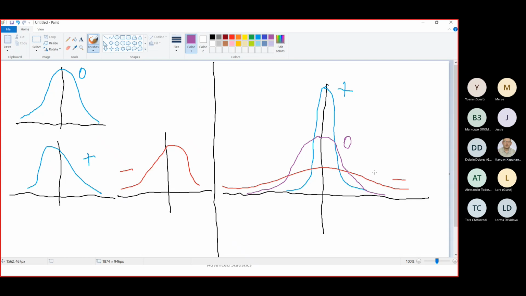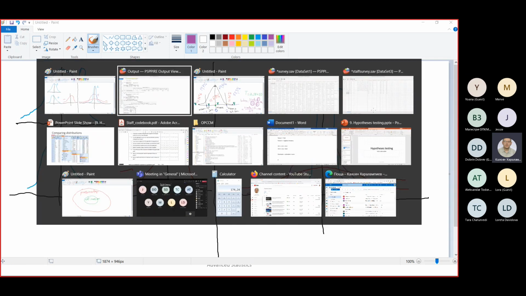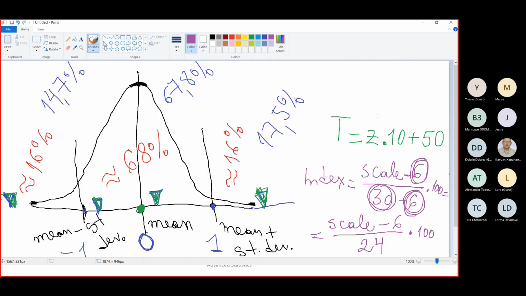And when the distribution is sharp, usually it is not a problem, because when the distribution is sharp, then more than 68% of population is between these borders.